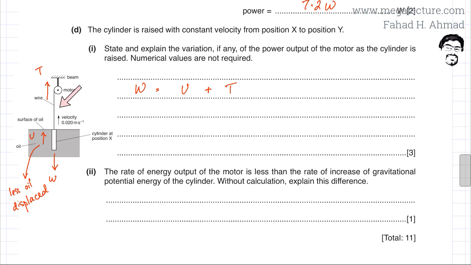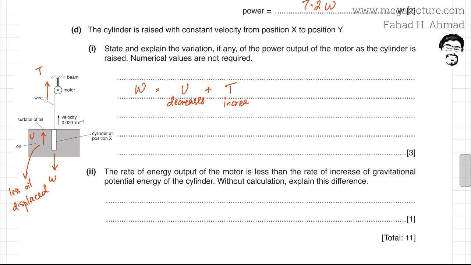So upthrust and tension T are the forces in the upward direction. The weight W is in the downward direction. So weight is equal to upthrust plus tension T. Now upthrust decreases as the cylinder moves out of the oil. Less oil is displaced, so upthrust is decreasing, which means that for the motor to pull up this weight, the tension T must increase.